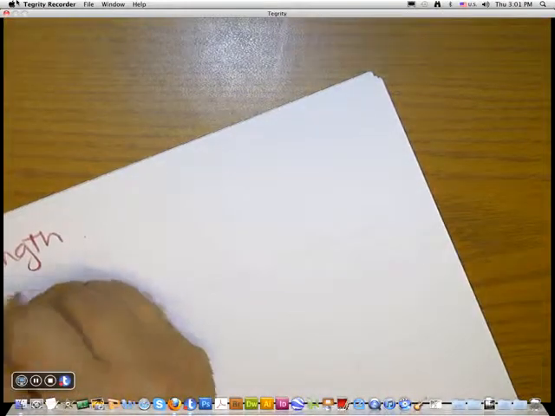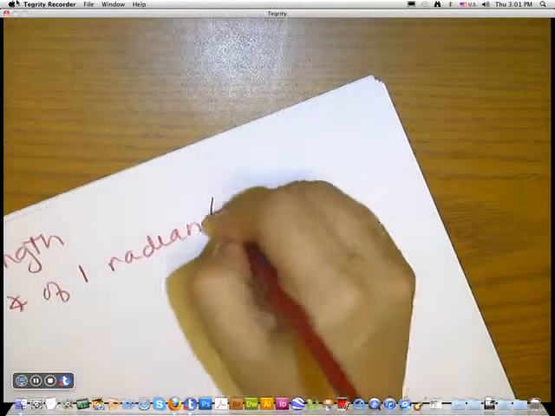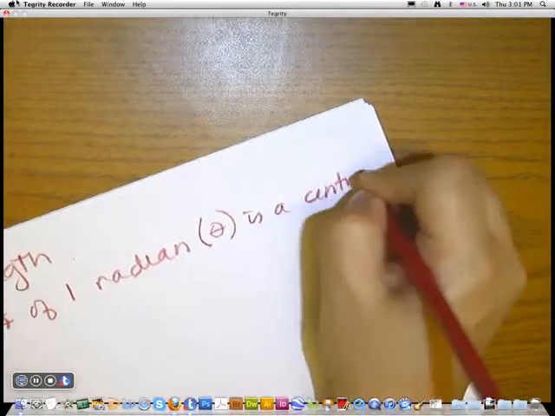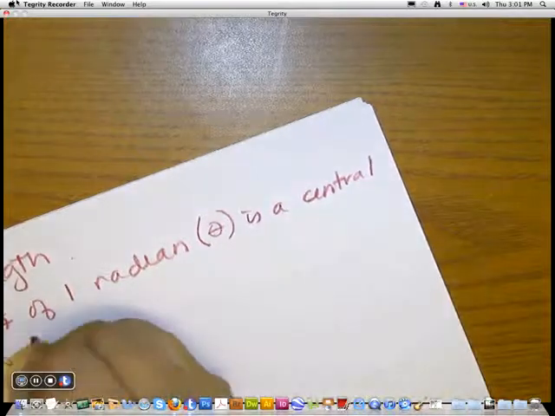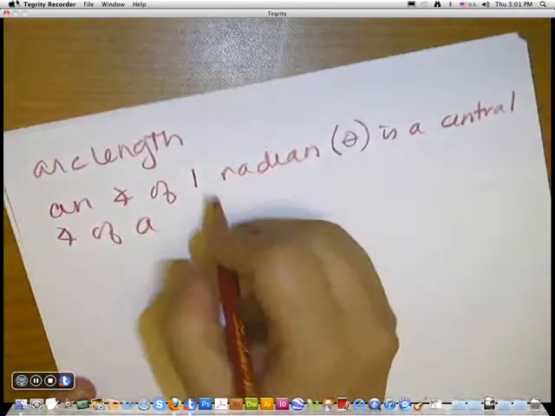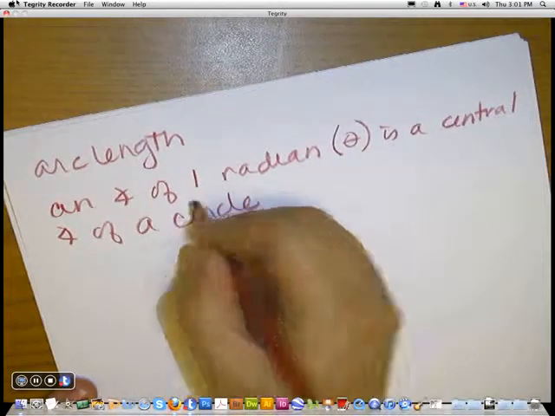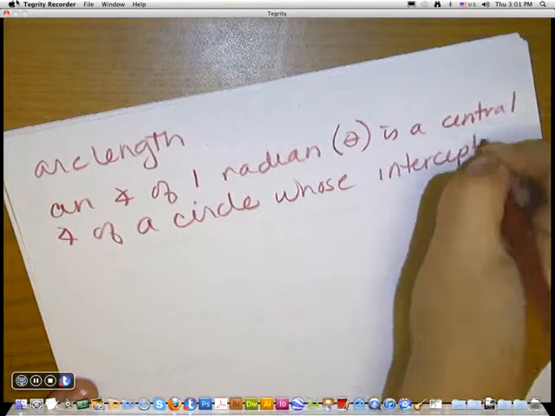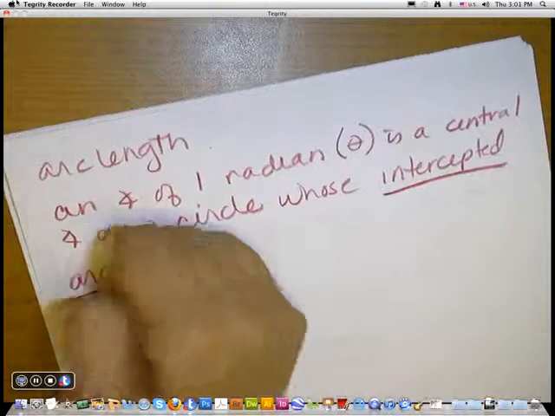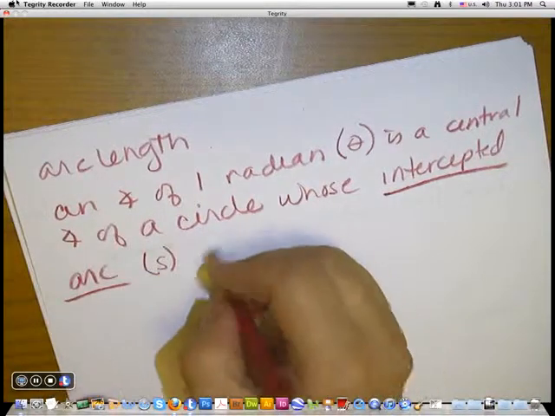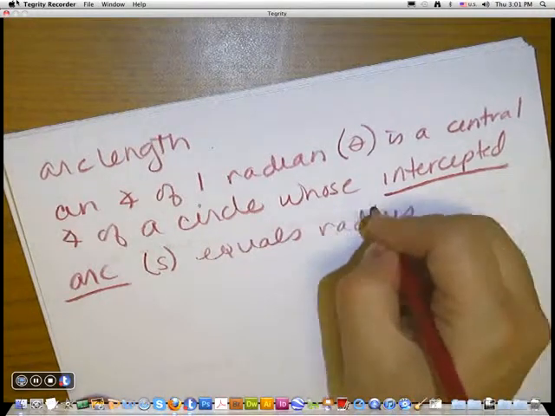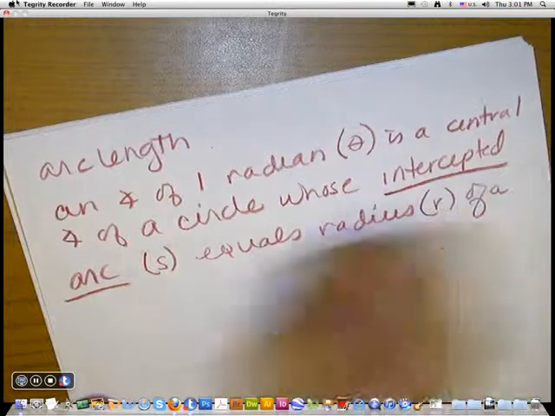All right, an angle of 1 radian, and we're going to call that theta, is a central angle of a circle whose intercepted arc, we're going to call that S, equals the radius, we're going to call that R, of a circle.